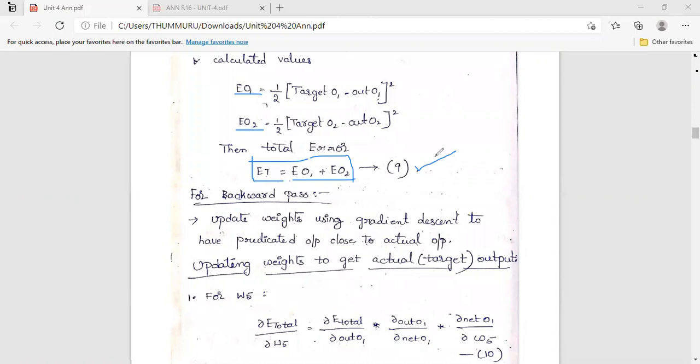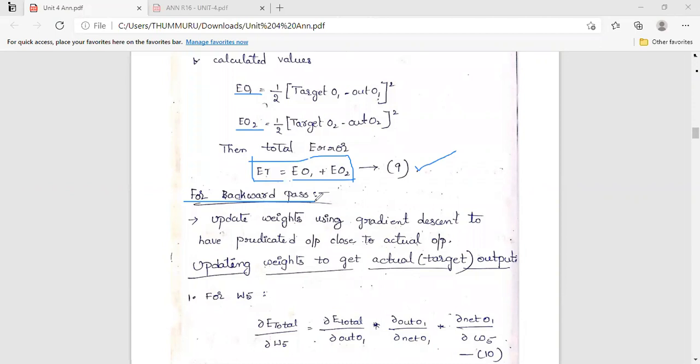If this error is more than what we expected, then we go for a backward propagation or backward pass. After calculating the error rate, if that error rate is not minimum, then we need to perform a back propagation on a given network.